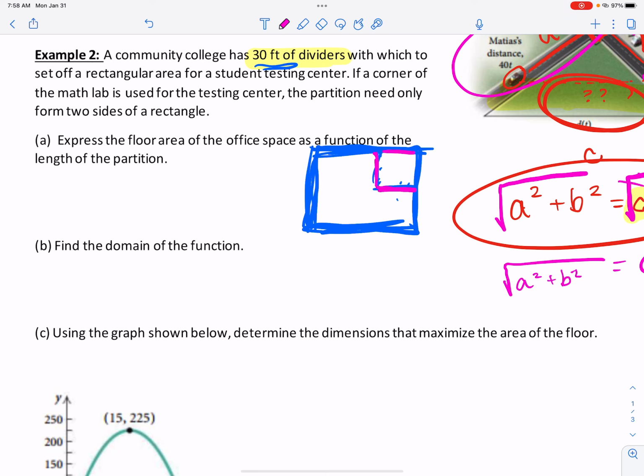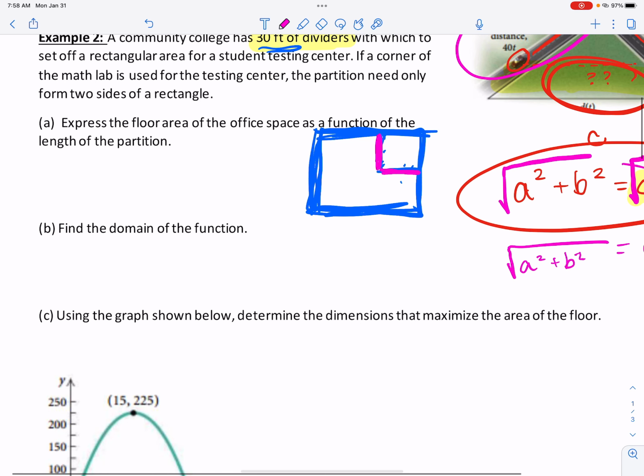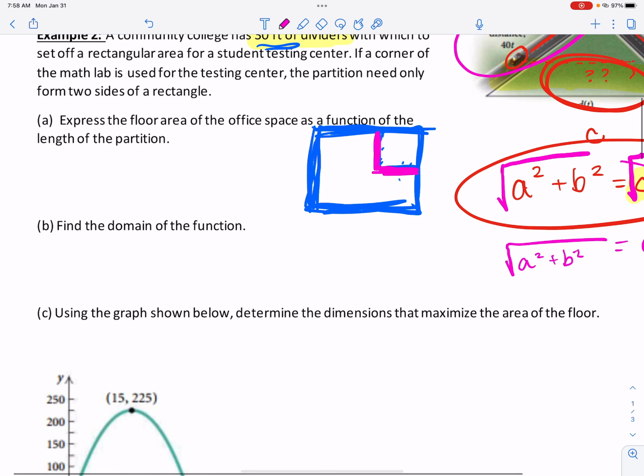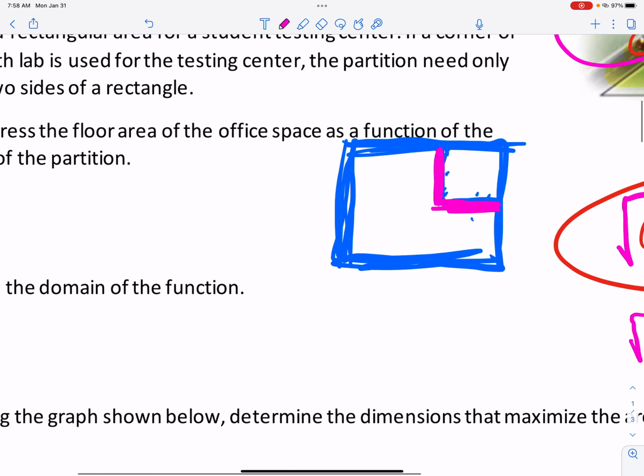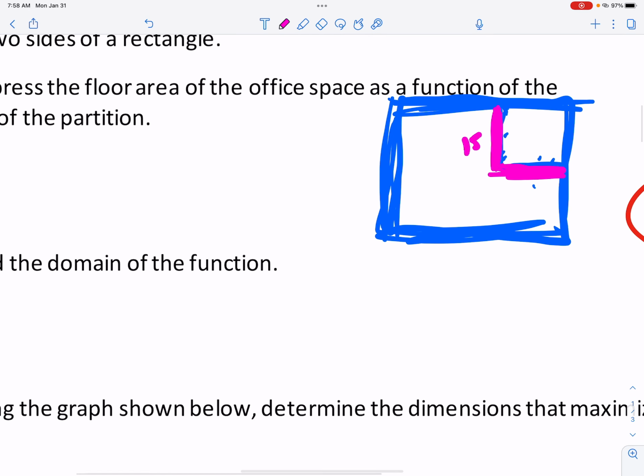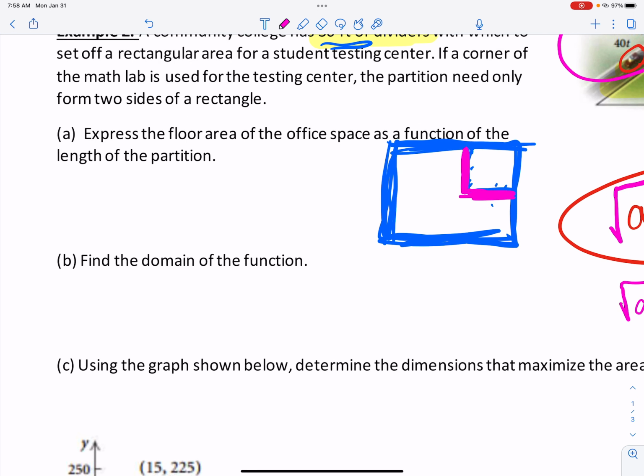They don't need to use dividers on these 2 sides because that's the building, so they already have the walls. So they just need to use this 30 feet for this side and this side of this testing center. So again, they could do 15 feet here, 15 feet here, or they could do maybe a rectangle with 10 feet of the dividers here, 20 feet of the dividers here. Again, there's a lot of different options that they can section it off as.